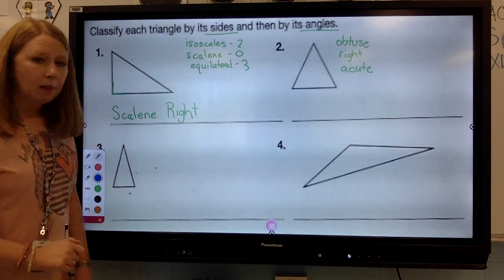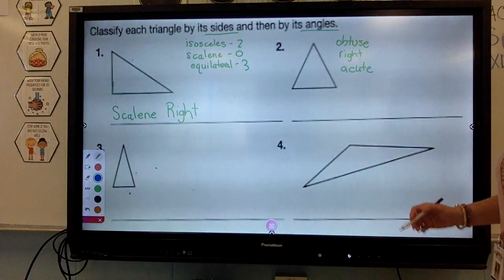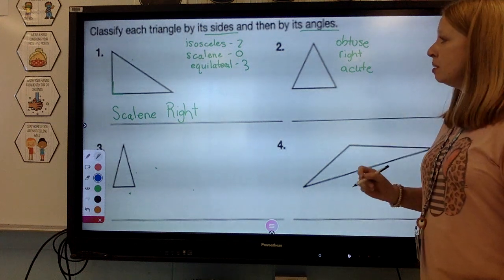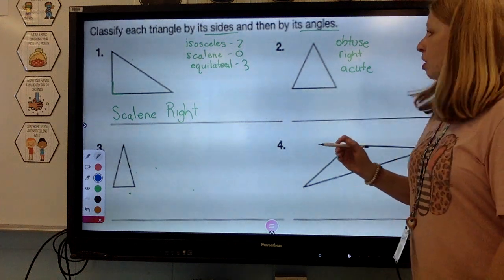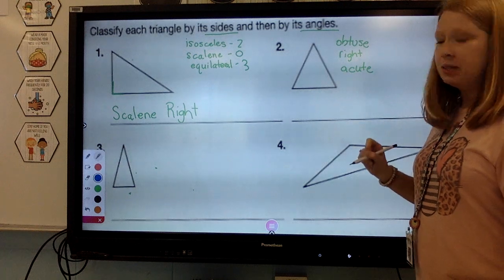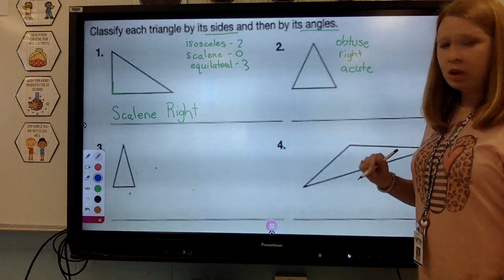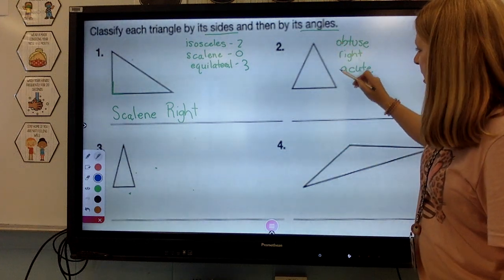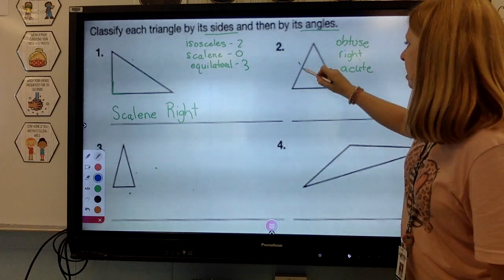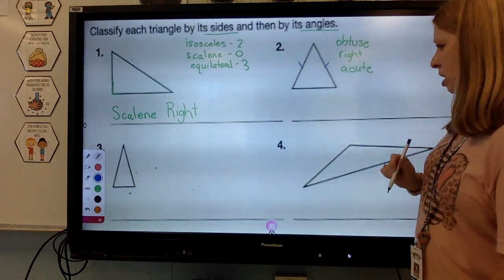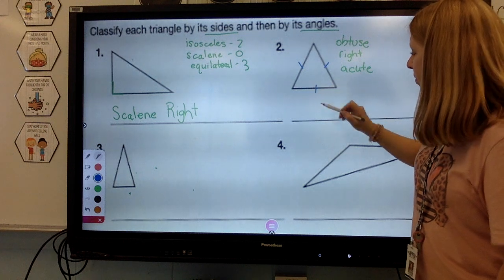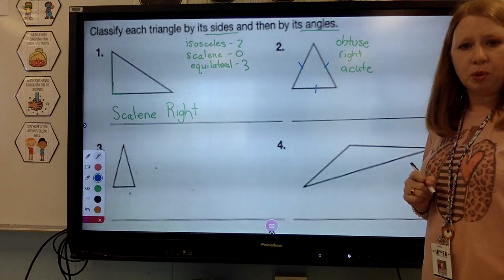Let's look over here at number 2. We want to name it first by its sides, okay? Isosceles means that I have 2 sides that are equal. Well, as I'm looking at this, looks like this side and this side are equal. And I even think that side looks equal.